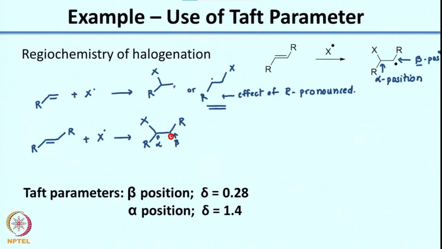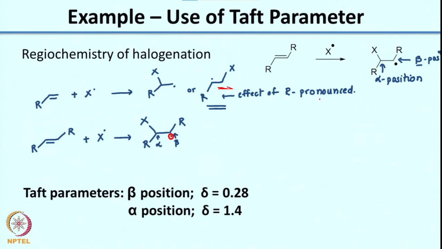So here, because we have primary and this one is secondary, that means the secondary one is more stable. As we know, this is the more stable intermediate, and here we will see the effect of R.